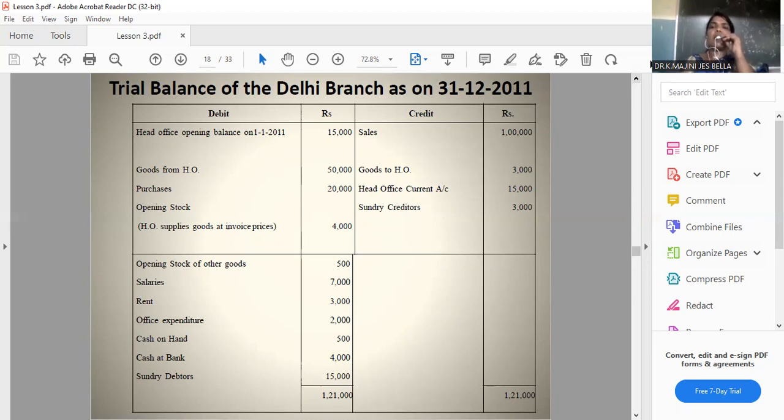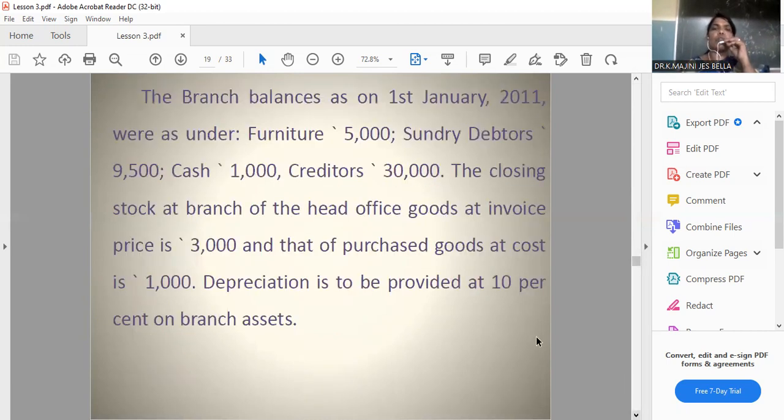Credit side: sales 1 lakh, goods to head office 3,000, head office current account 15,000, sundry creditors 3,000. Both sides of the trial balance total 1,21,000.